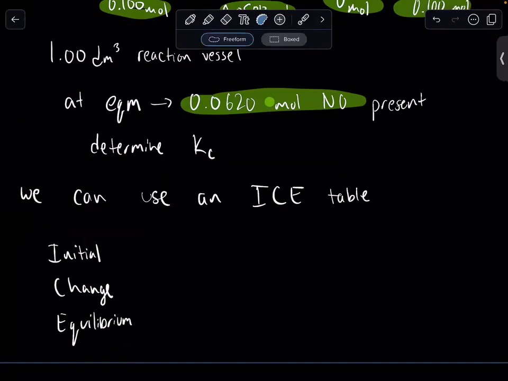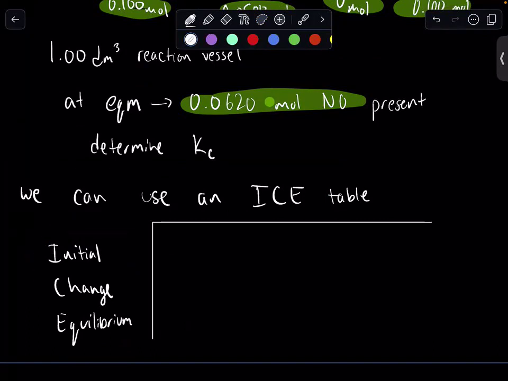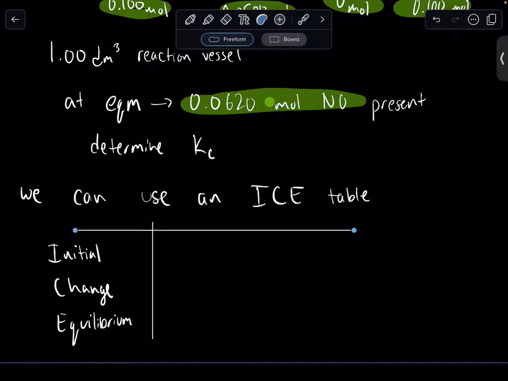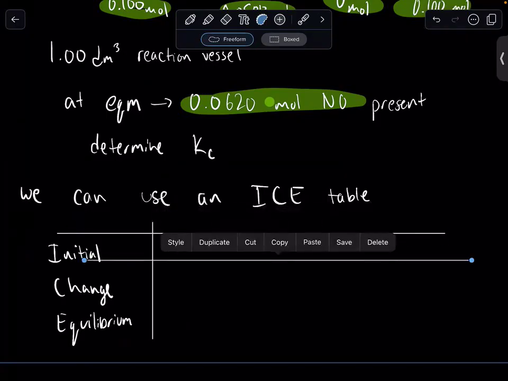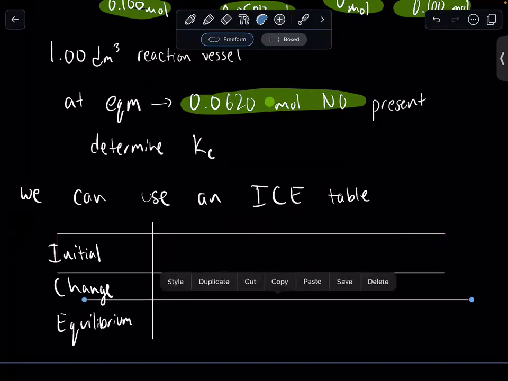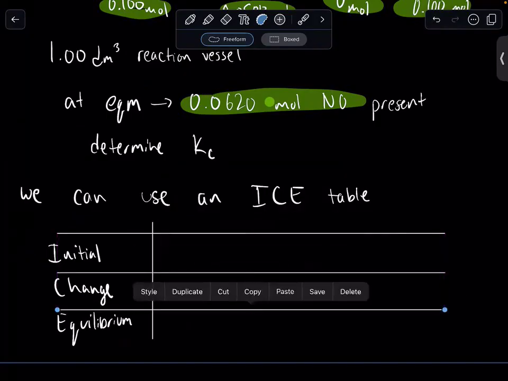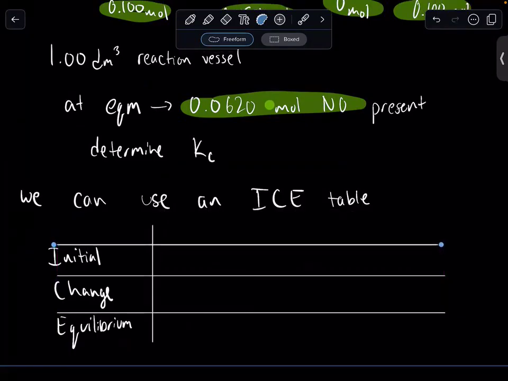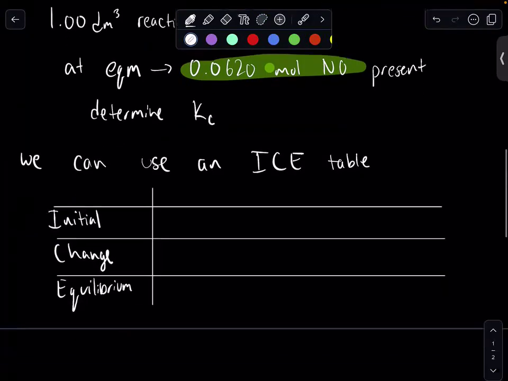So when I create an ICE table, what I generally try and do is make a box. We'll just get this set up here. And you should eventually start being able to make these on your own pretty quickly. Now, in our box, we put our reactants and products as our headers.